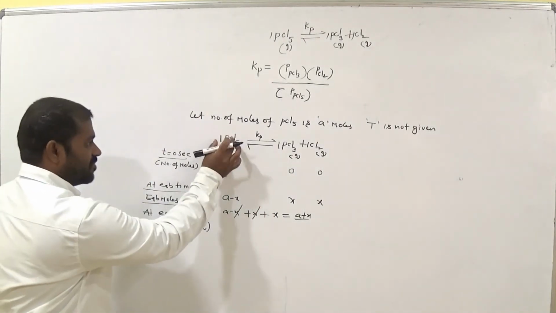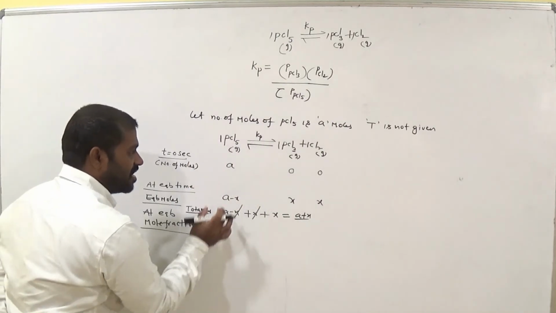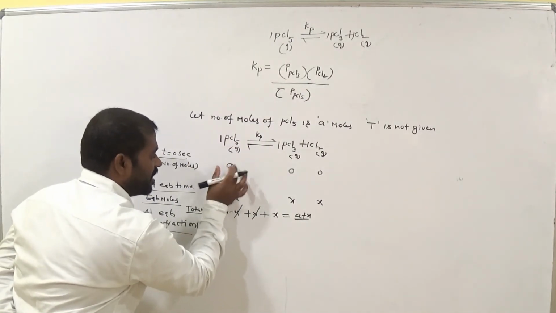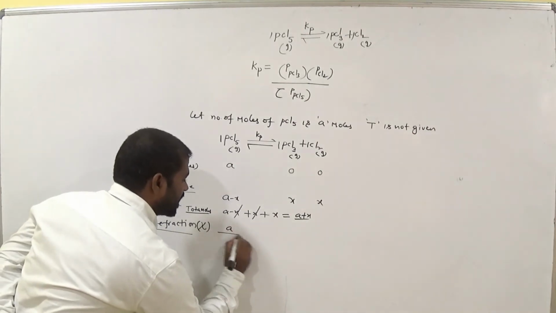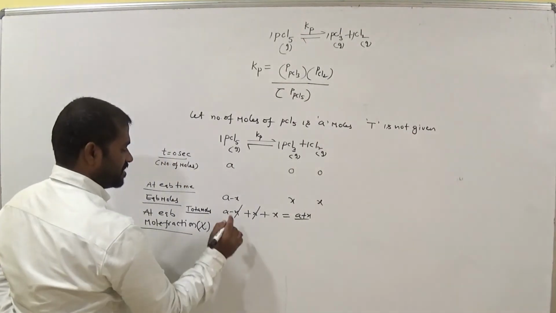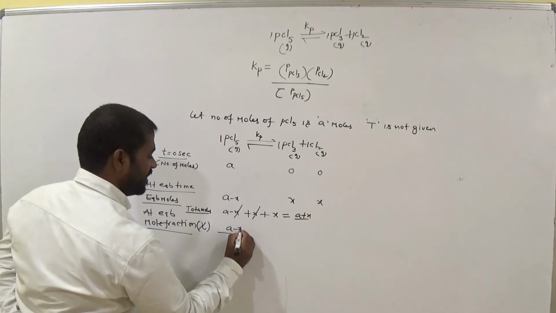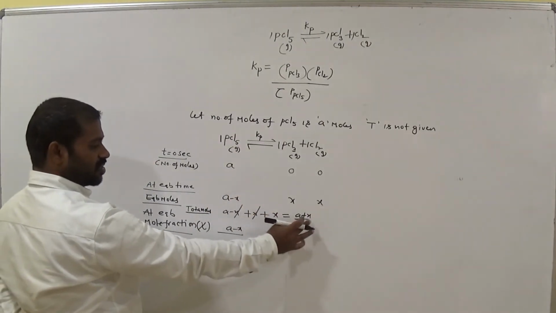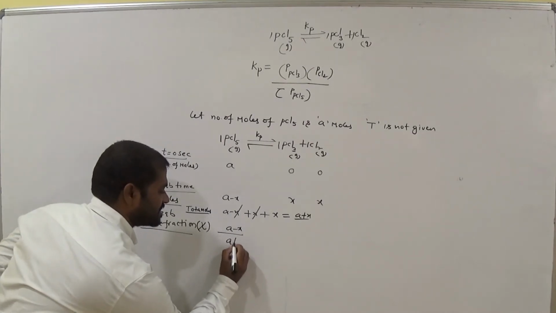For PCl5, the number of moles at equilibrium is A minus x and total moles is A plus x.